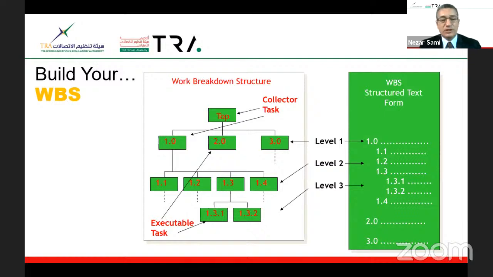The work breakdown structure is not a flow chart. It's not a flow chart. It is like the menu in a restaurant. When you go to the restaurant and you have the menu, you can start from anywhere. But the result of your menu is that you have the whole overview of every single thing that you need to know about the restaurant, the food, or the meals.